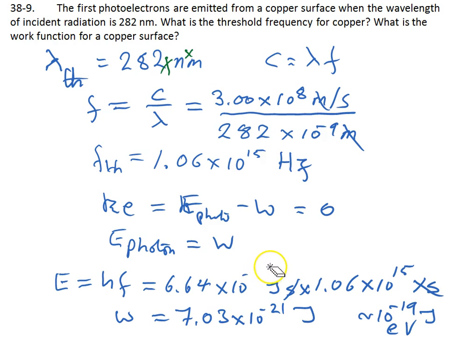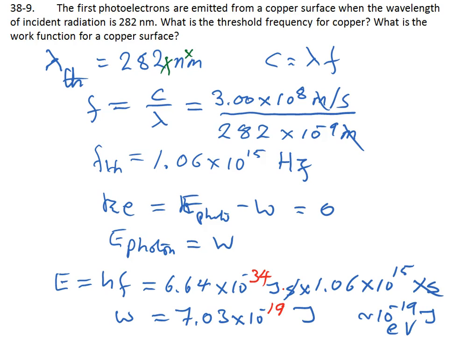So 10 to the minus 36 is the wrong number. That should actually be 10 to the minus 34, and therefore 10 to the minus 21 becomes 10 to the minus 19. Okay, now I have corrected and calculated a sensible work function that's of order 3 eV or so.